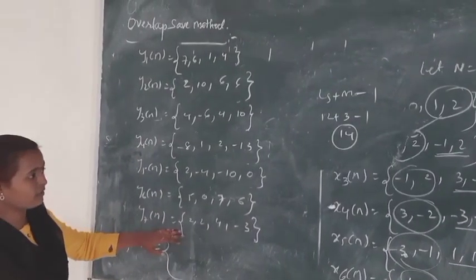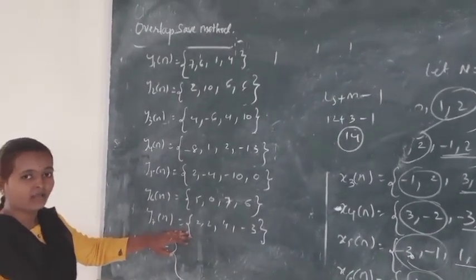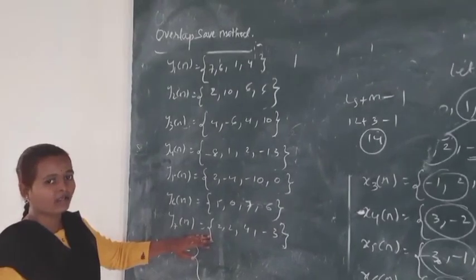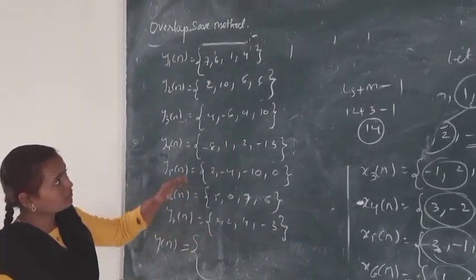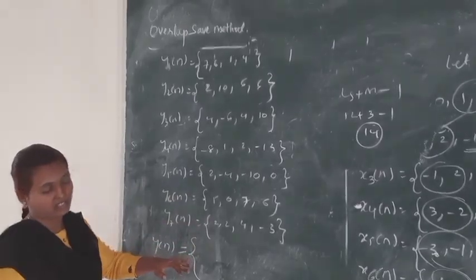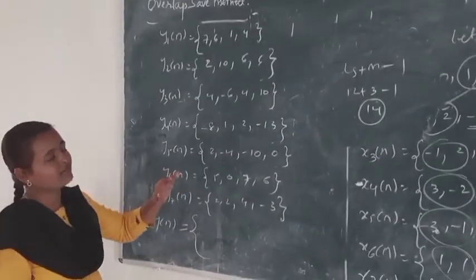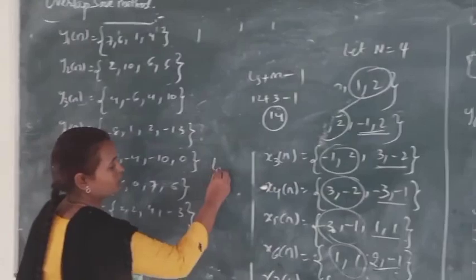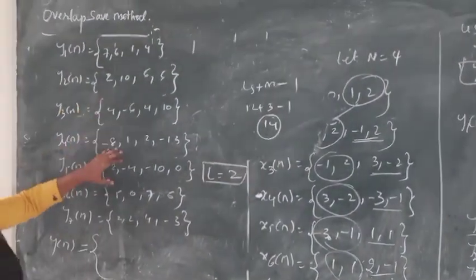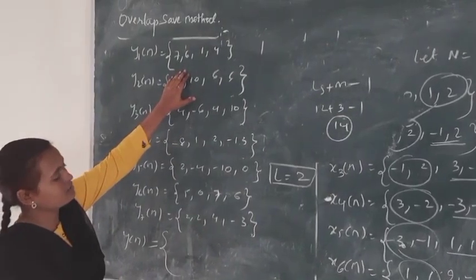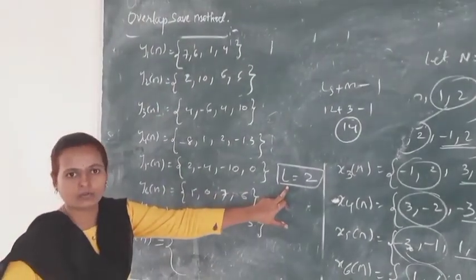Before this, on the input side, we added padding zeros. So we have to remove those padding zeros here. Starting with length L equal to 2, the sequence length is 4, so we maintain L equal to 2.